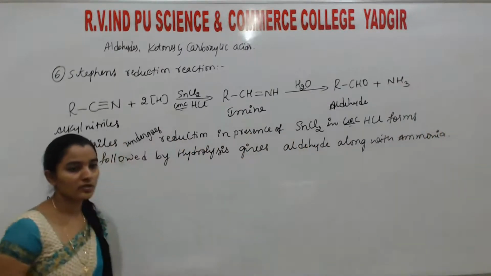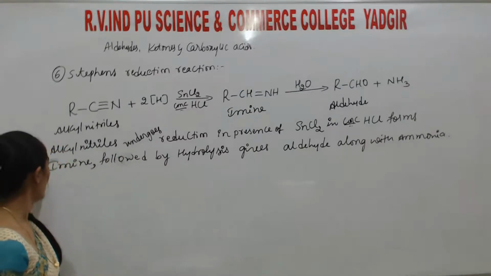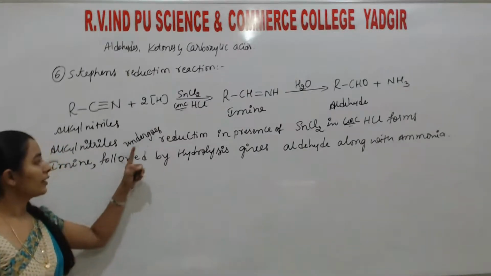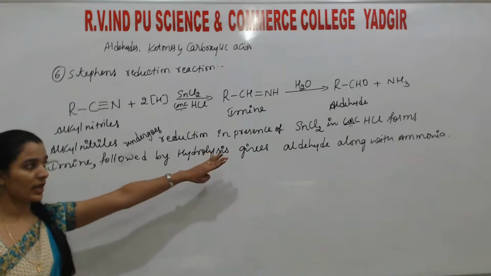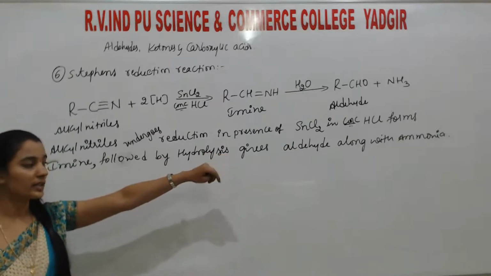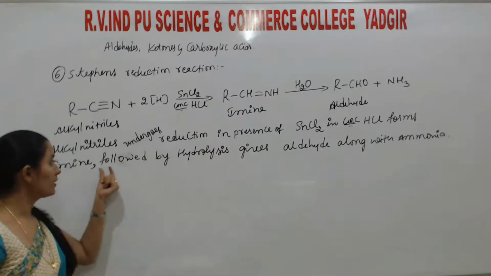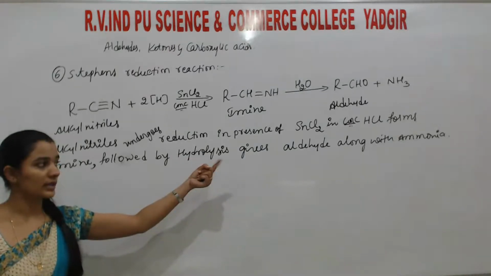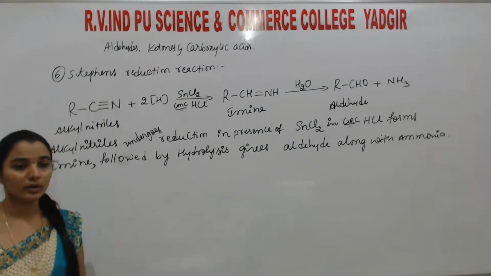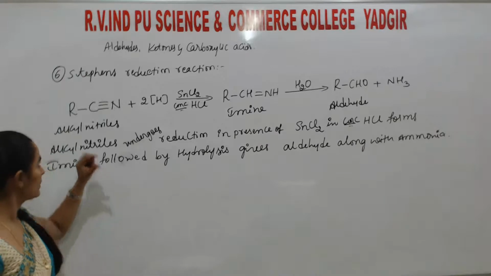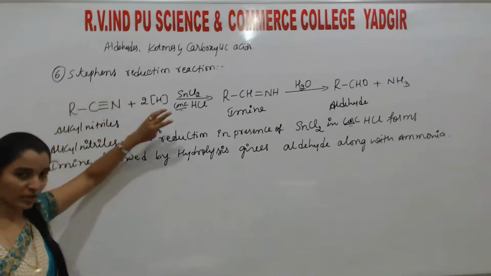Okay, so this is the explanation. Means alkyl nitriles undergo reduction in presence of stannous chloride in concentrated HCl forming imine, followed by hydrolysis gives aldehyde along with ammonia. So I'll just replace this R group as it is a general reaction.